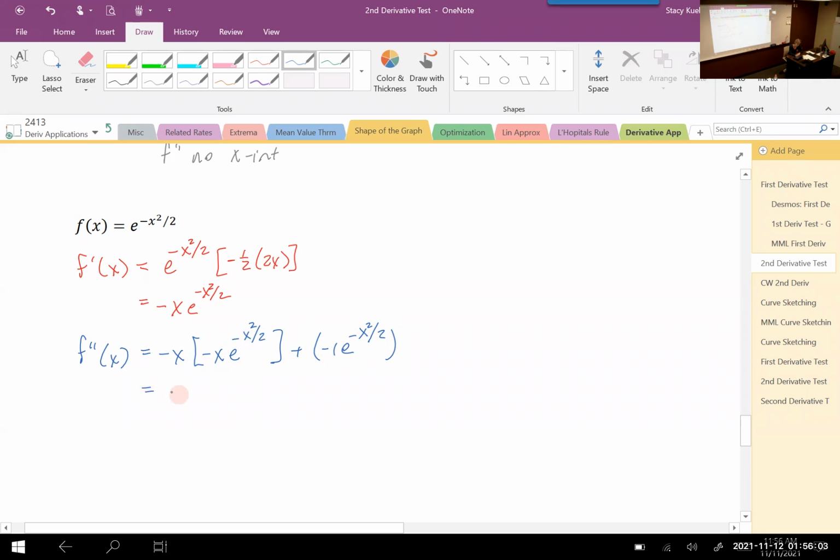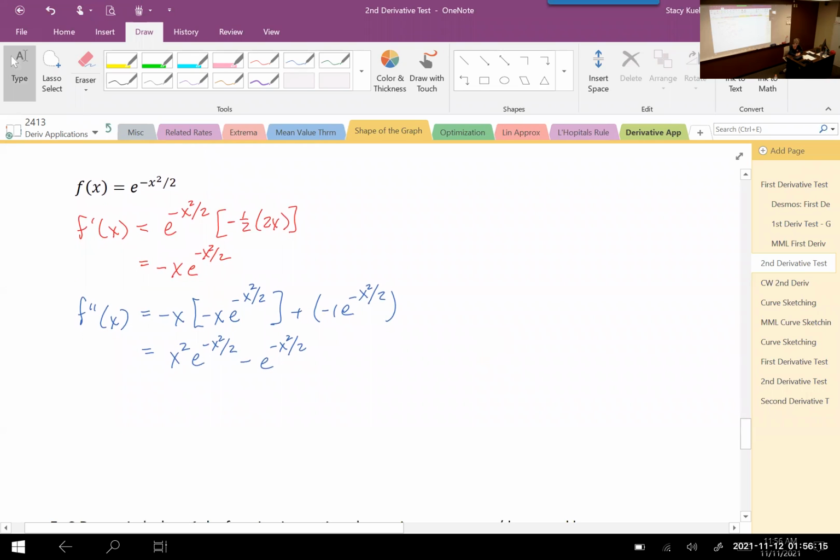So simplifying this, I get x squared e to the negative x squared over 2 minus e to the negative x squared over 2. And I am going to set this equal to 0 and solve.